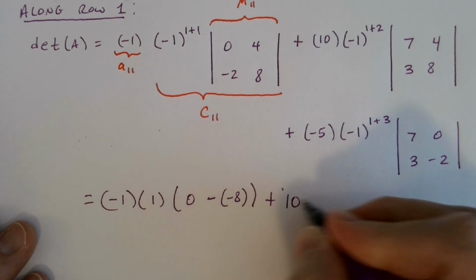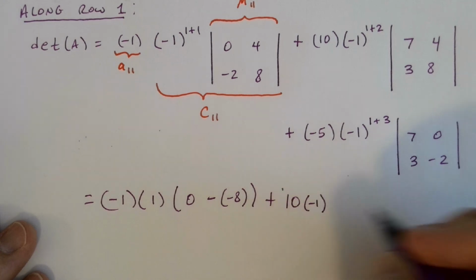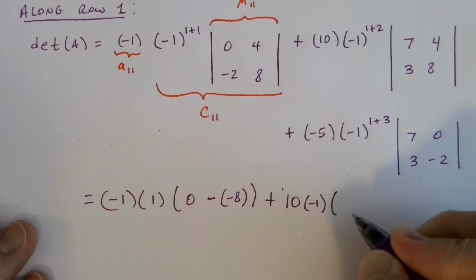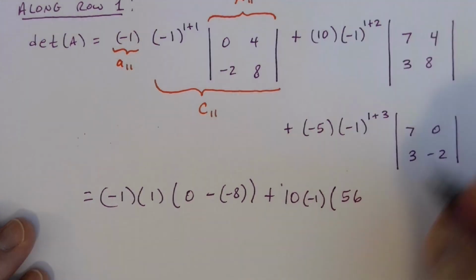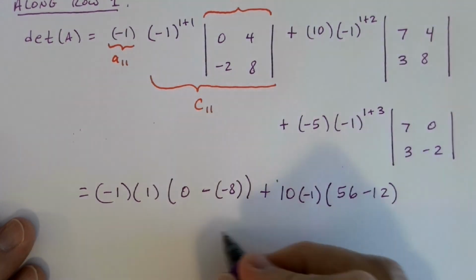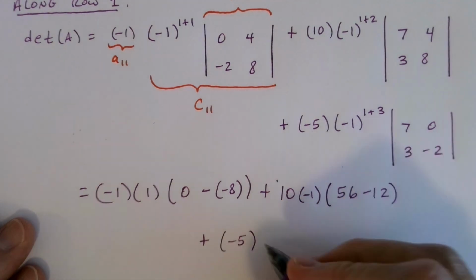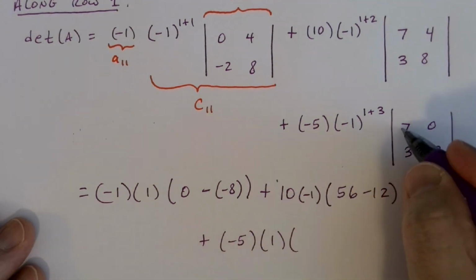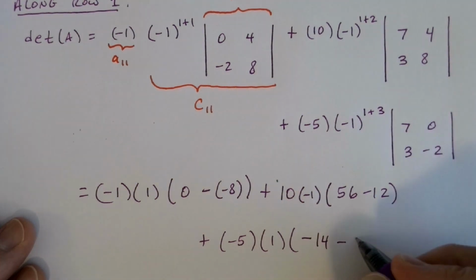Plus 10, negative 1 to the third is negative 1, and then our determinant here is 7 times 8 is 56, minus 3 times 4 is 12, and then plus the negative 5. Negative 1 to the fourth power is positive 1, and then our determinant is 7 times negative 2 is negative 14, minus 3 times 0 is 0.